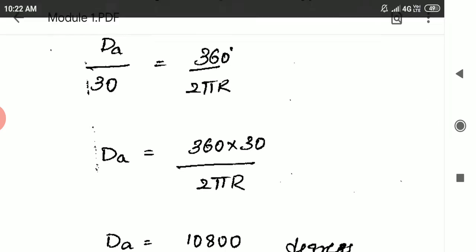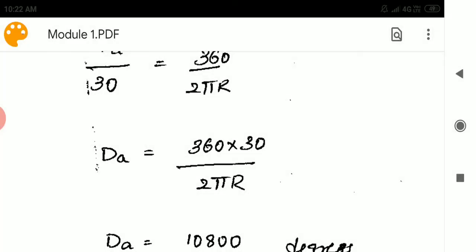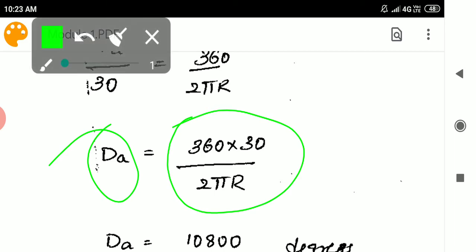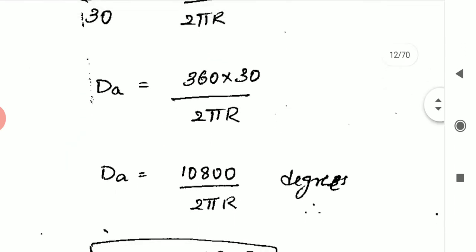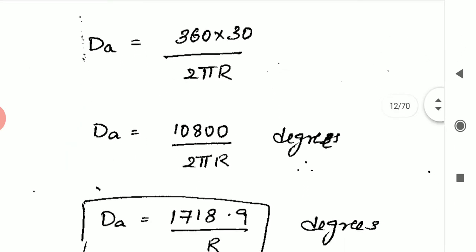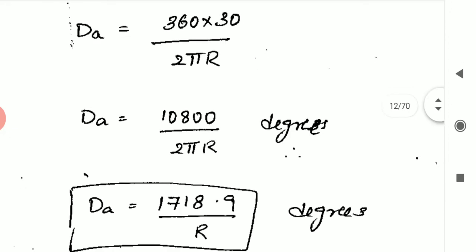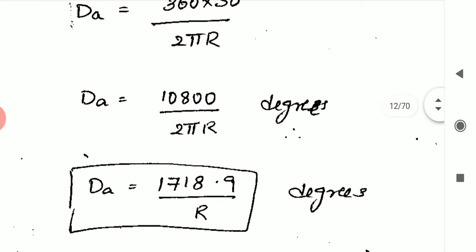Next I bring all these values to the right side, and keep only dA on the left side. So by solving this, we get dA equal to 10,800 divided by 2 pi r, in degrees.